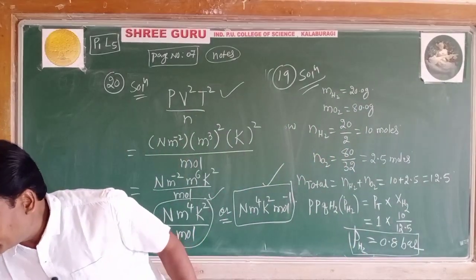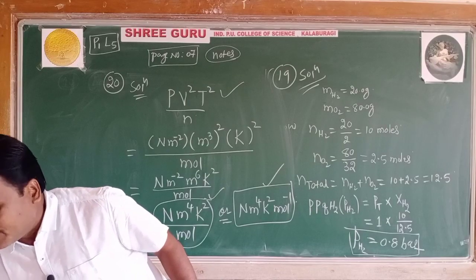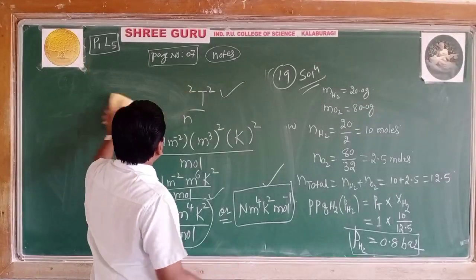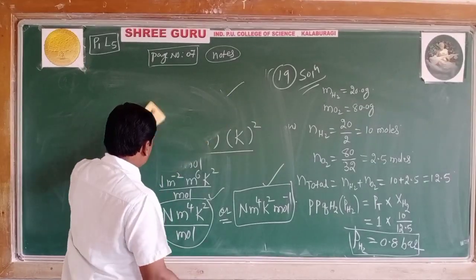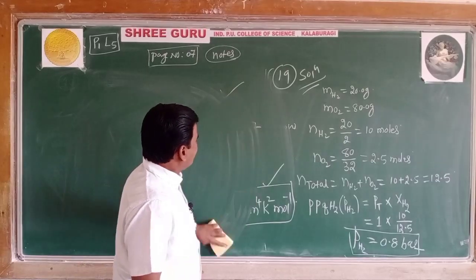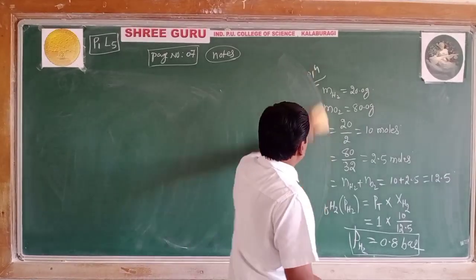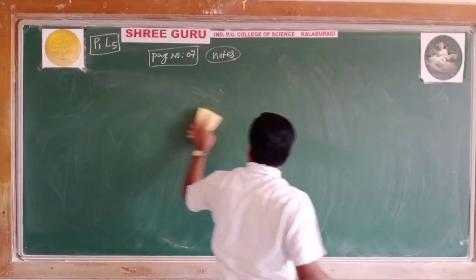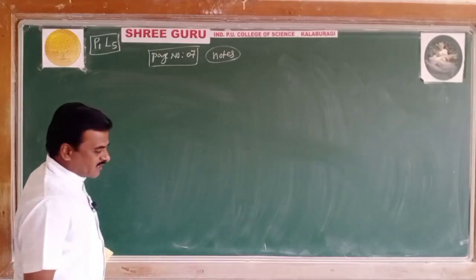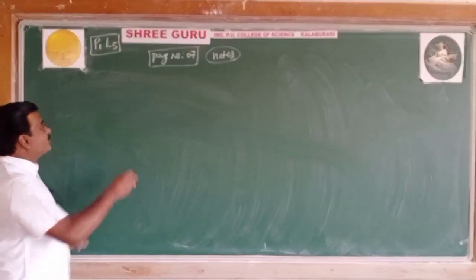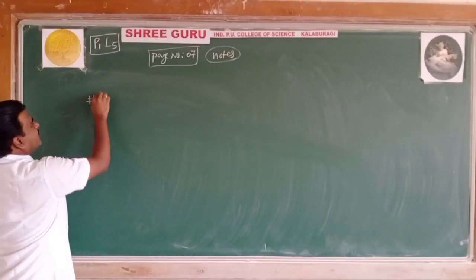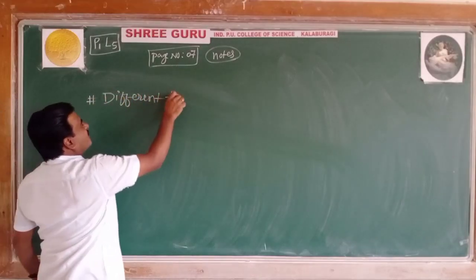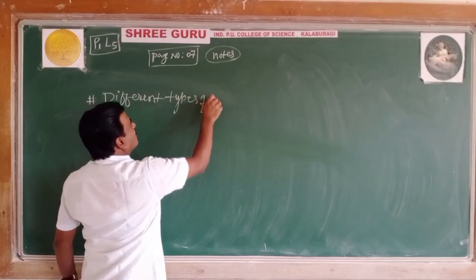This is a deleted portion, but even though it is important for competitive exams. It is not there in the theory, make it very clear. Different types of molecular speeds.